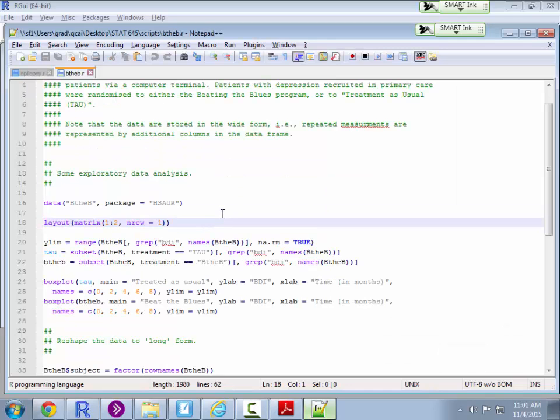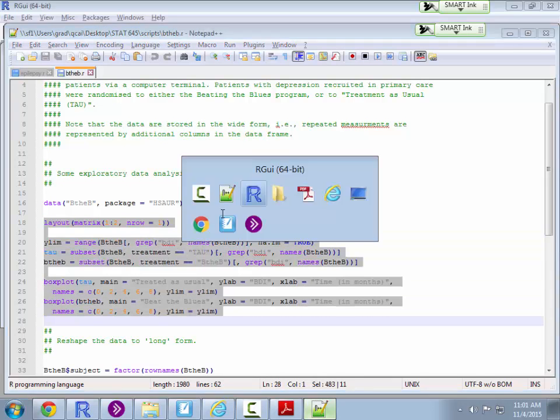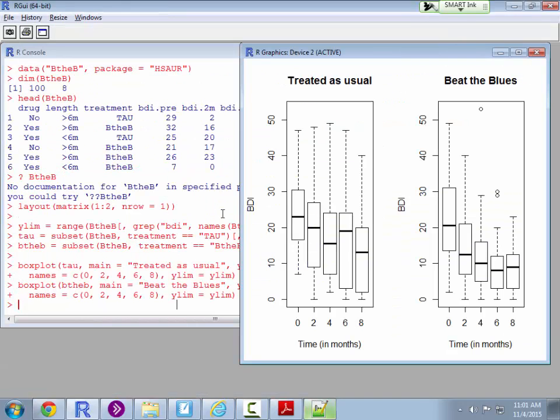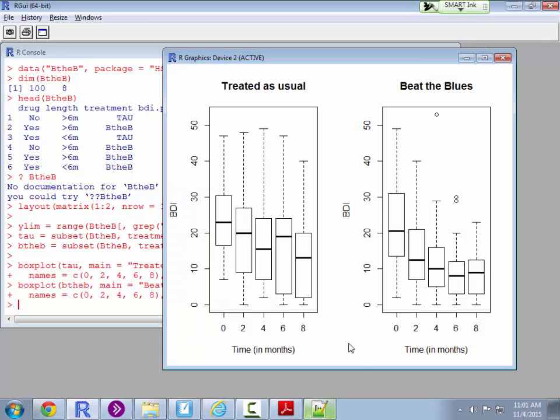Okay, making a picture here. Let me just make the picture and comment on it. Side-by-side box plots by treatment group. So here is the control group. Depression symptoms looking like they went down over time, roughly. Here is the treatment group. Y-axis is the same. The scale is the same on both sides.